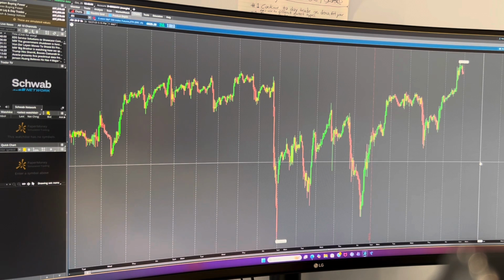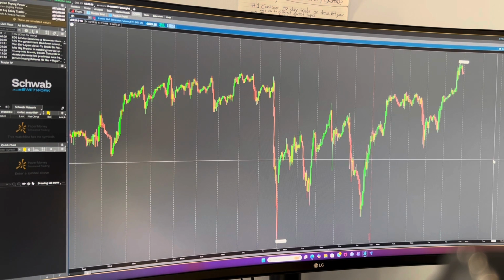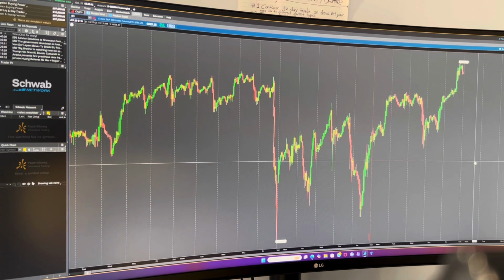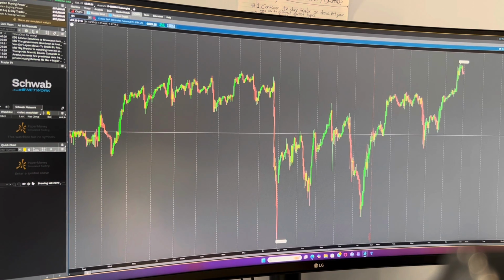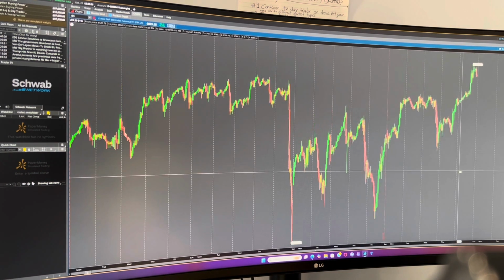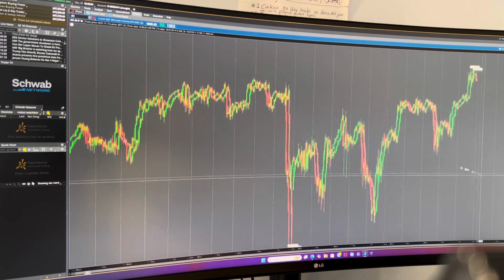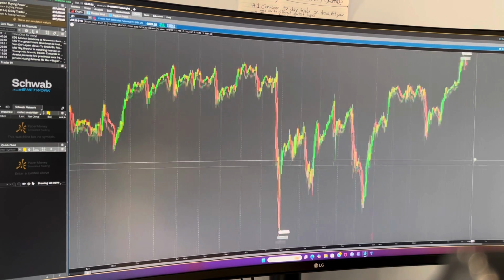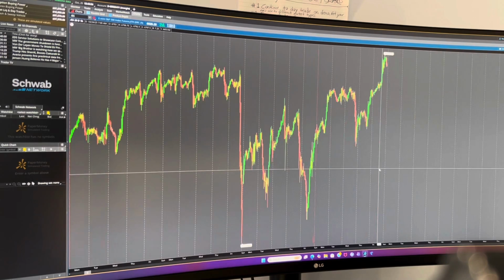And also the margins are way lower on Tradovate. Right now I'm using more than 1 or 2% of my account size per trade to try and scale up faster. So it's more of a medium risk approach, but I'm okay with doing that until a certain account size.